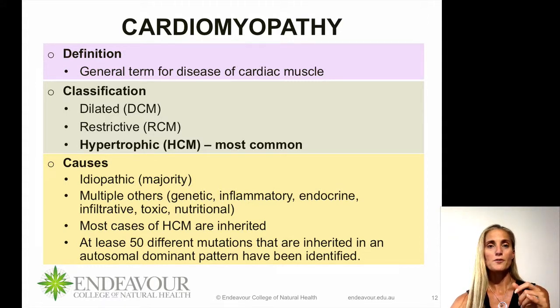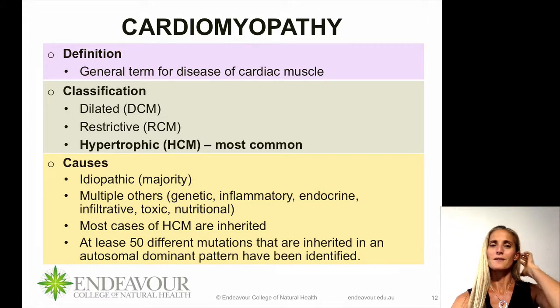And then the hypertrophic cardiomyopathy, this is the one you see the most often, and we have talked about this a number of times so far. But left ventricular hypertrophy is the most common one, and this can be generalized or confined. So the causes, most of them are idiopathic. We have talked about that left ventricular hypertrophy with people who are athletes.